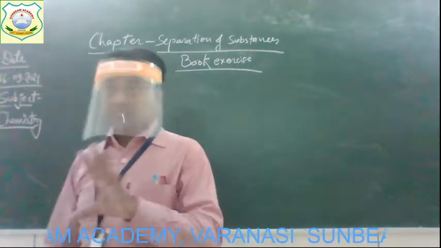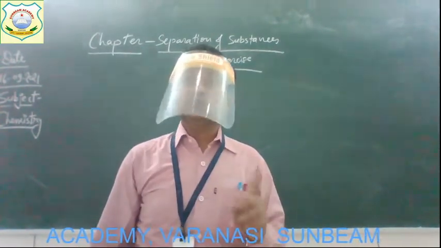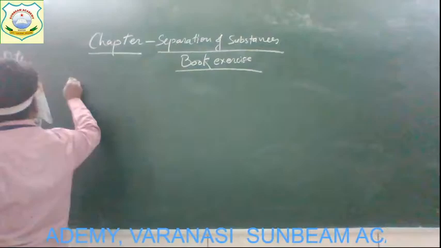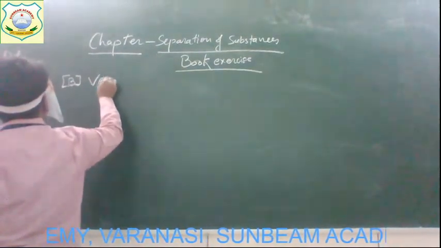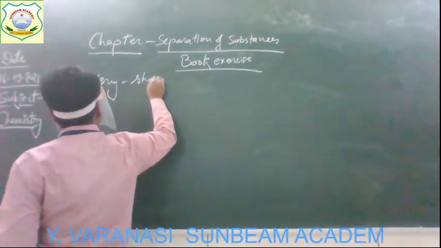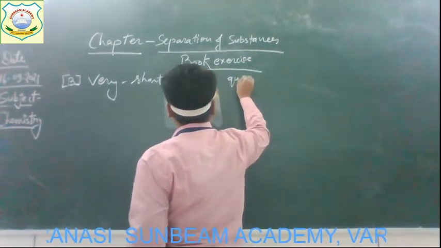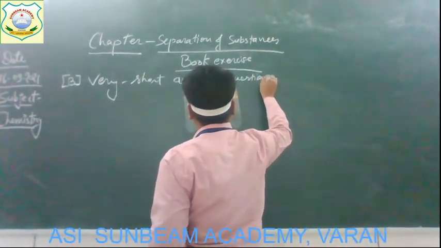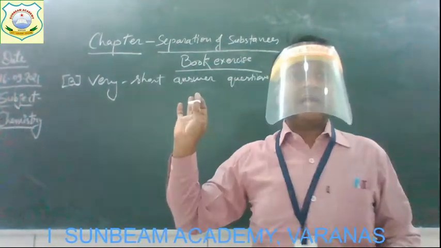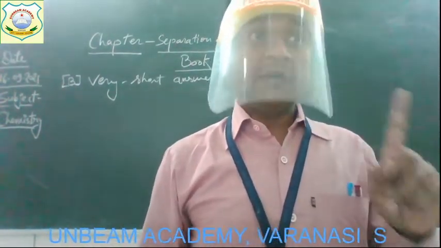The first was completed and the second exercise was going on. The second exercise is very short answer questions. Here you have to write the answer in just one word.